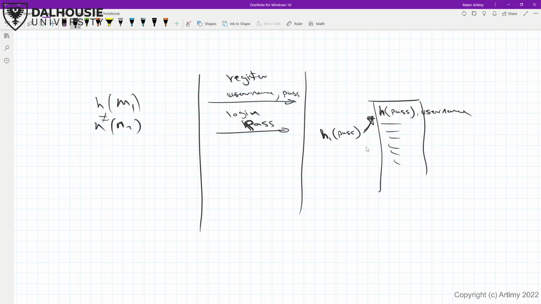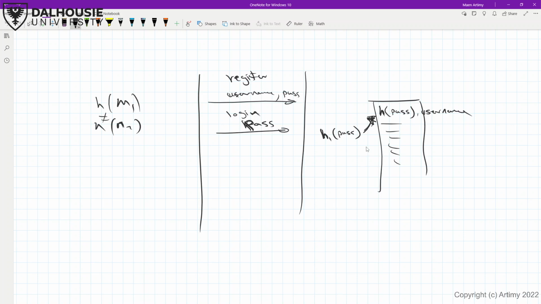All right, so if these two are the same, well, we know that the possibility of two hashes being the same generated by different passwords is very, very slim, right? So if these two, H1 and H, match, then the user must have put the correct password.